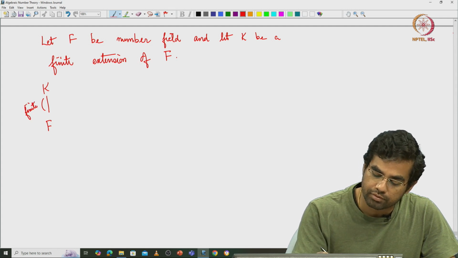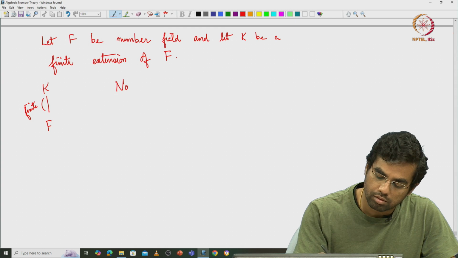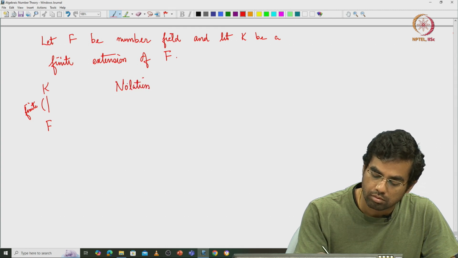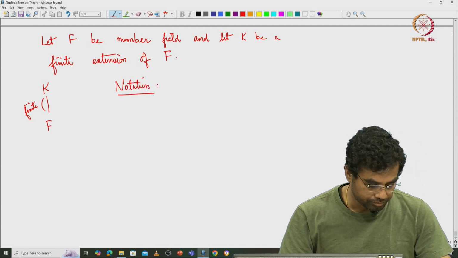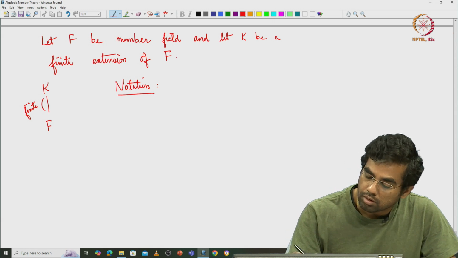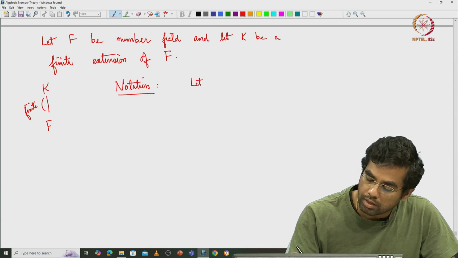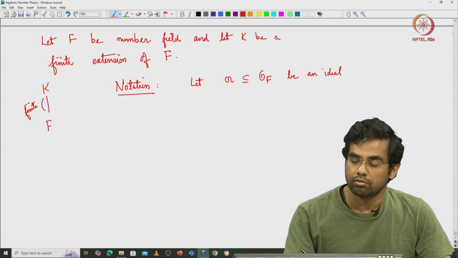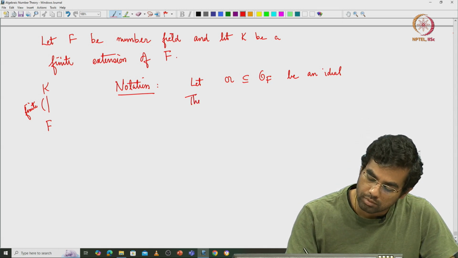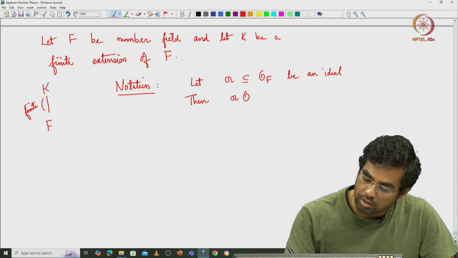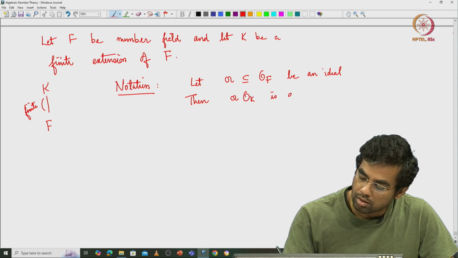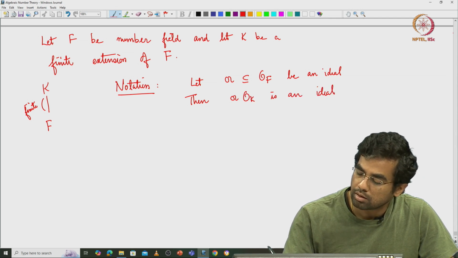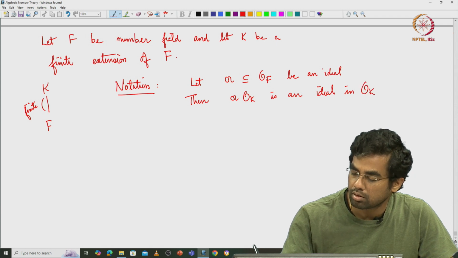So, here is a piece of notation. Let A be an ideal. Then A times OK is an ideal in OK. Right.